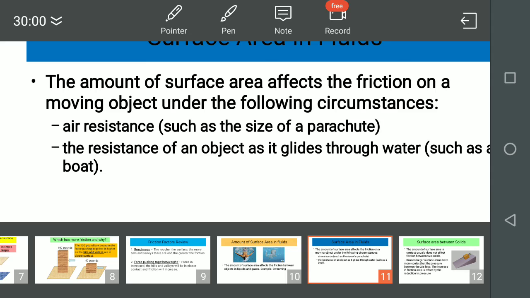For example, air resistance that happens due to a parachute, or the resistance of an object when it glides through water.